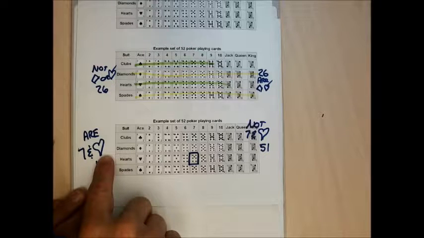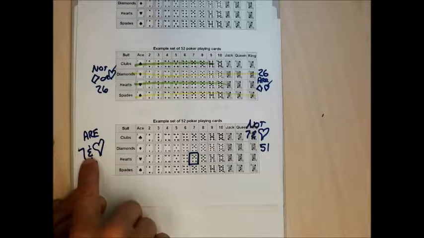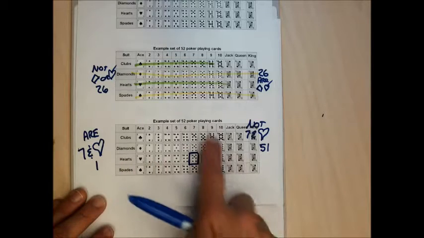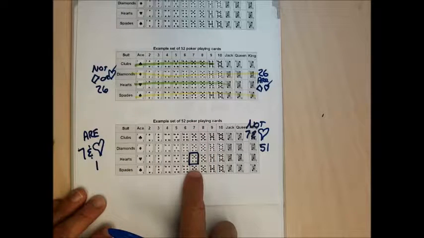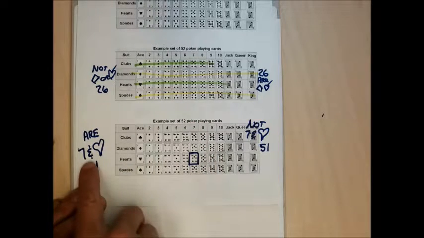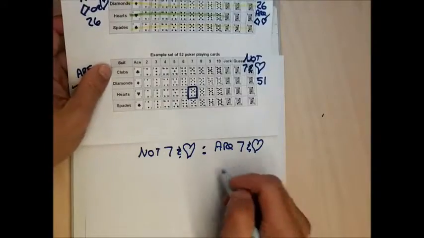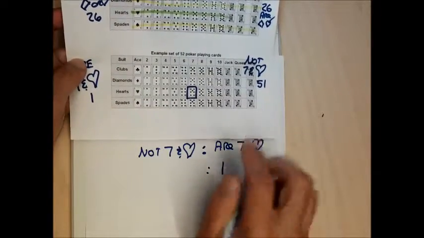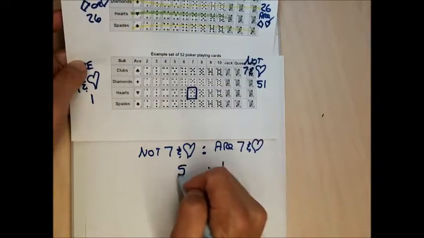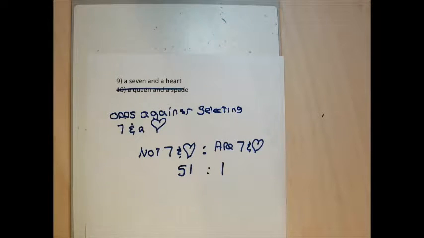That's different than or, because if this was 7 or a heart, I'd count up all the hearts and the 7s, but I need one card that's both a 7 and a heart. I'm only counting the 7 of hearts here. So for the and part of this, it's going to be a 1, and for the not part, it's going to be a 51. So the odds against selecting a 7 and a heart is going to be 51 to 1.